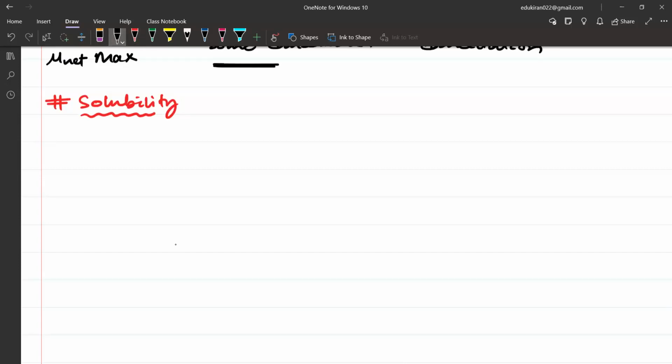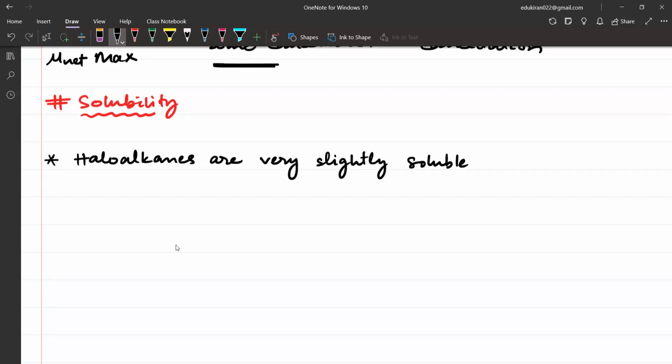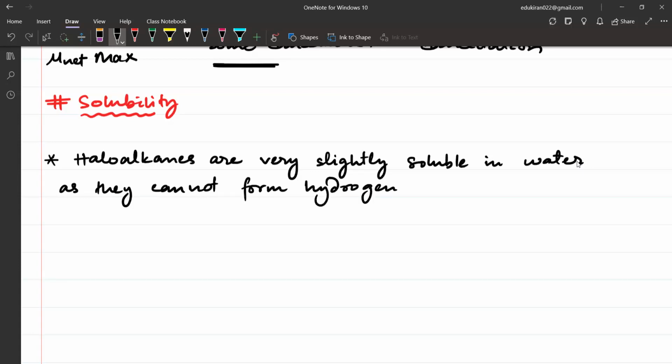Right, next, solubility. Please write. Haloalkanes are very slightly soluble in water as they cannot form hydrogen bonds with water.